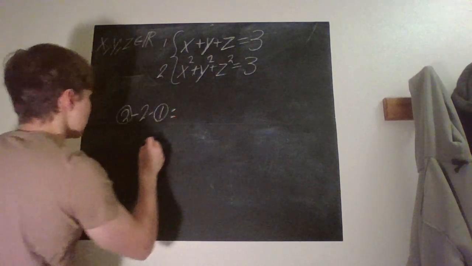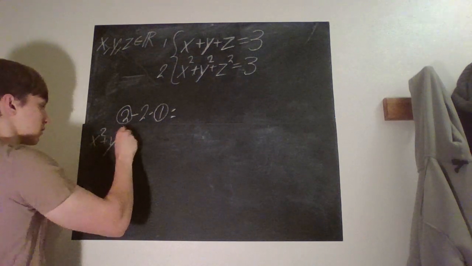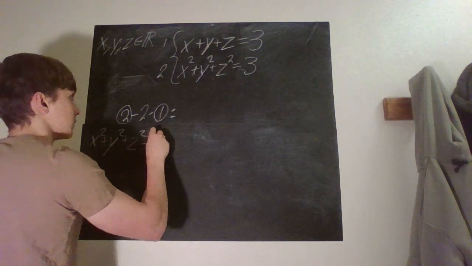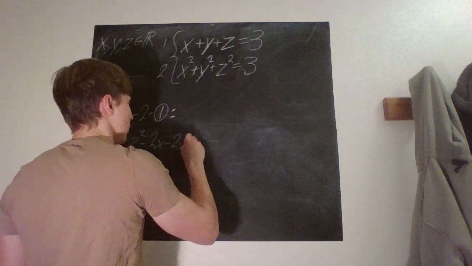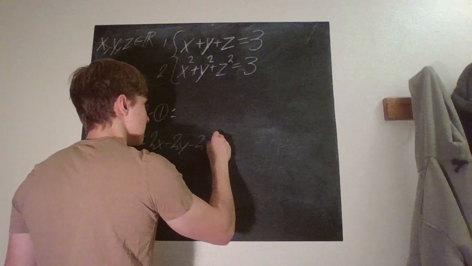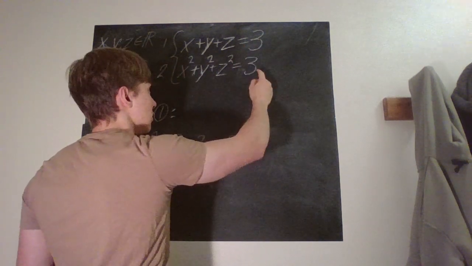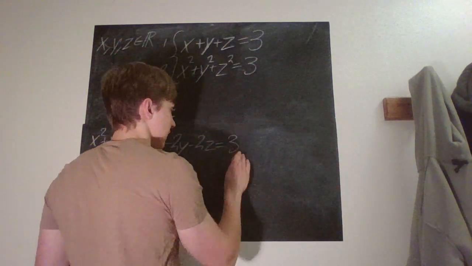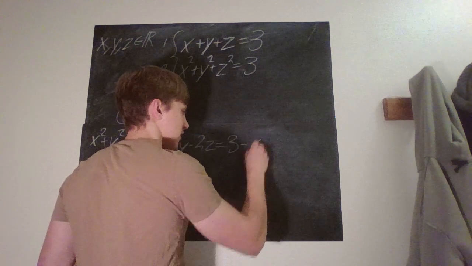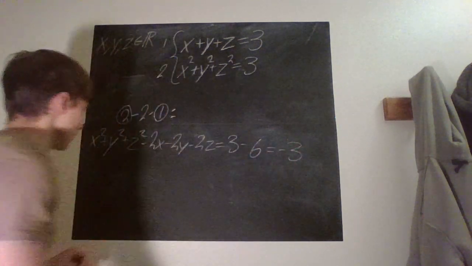This would give us x squared plus y squared plus z squared minus 2x minus 2y minus 2z is then equal to 3 minus 2 times 3, which is minus 6. So therefore, I can write 3 minus 6, which is equal to minus 3.